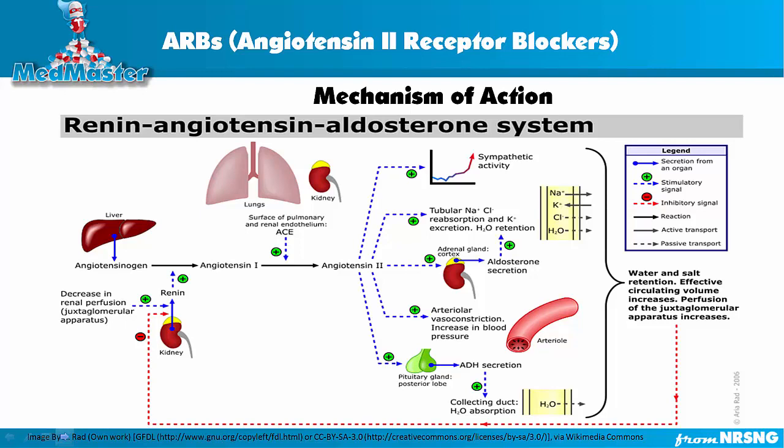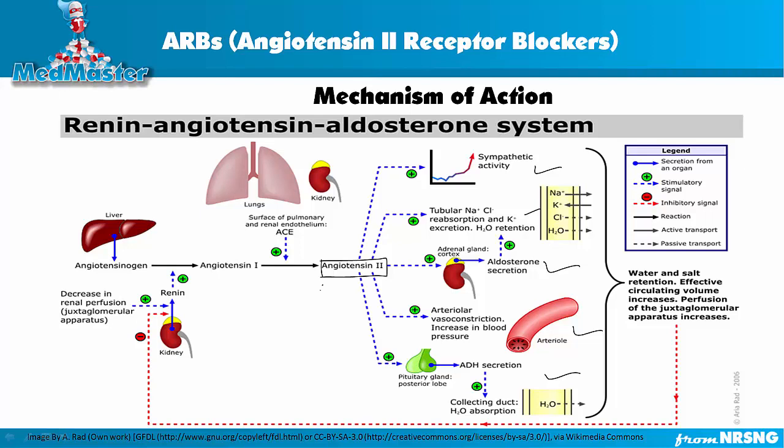Before looking into the ARBs, you should have looked at the RAA system and how it works in our body. And if you have looked at that, here we have angiotensin 2 that's going to work in our body in these different ways, and it's going to produce effects, like it's going to increase the sympathetic system, it's going to increase the sodium and water reabsorption, excretion of potassium, and so forth.